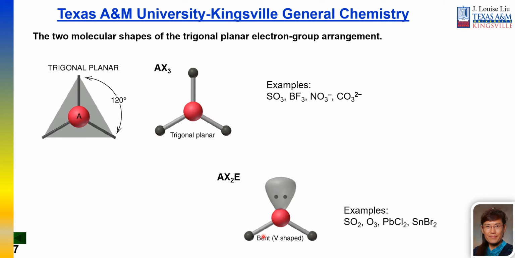V-shaped or bent structure. So this lone pair, this electron arrangement, is not going to be taken into consideration to determine your molecular shape. Molecular shape only considers the central nucleus and the 2 surrounding nuclei.